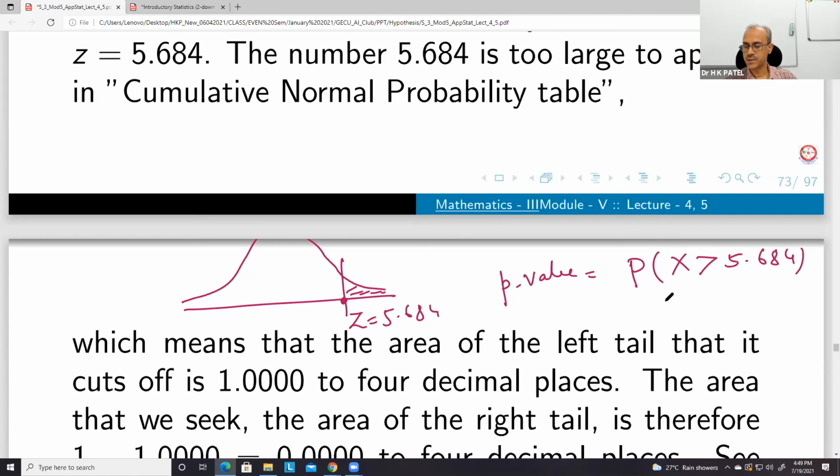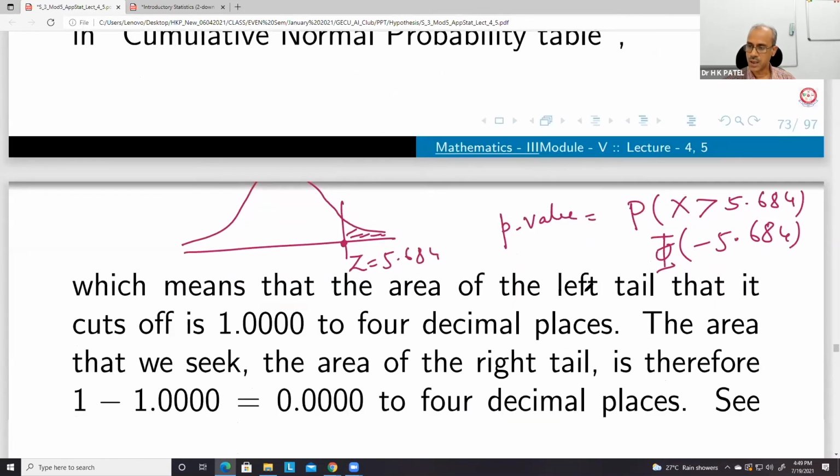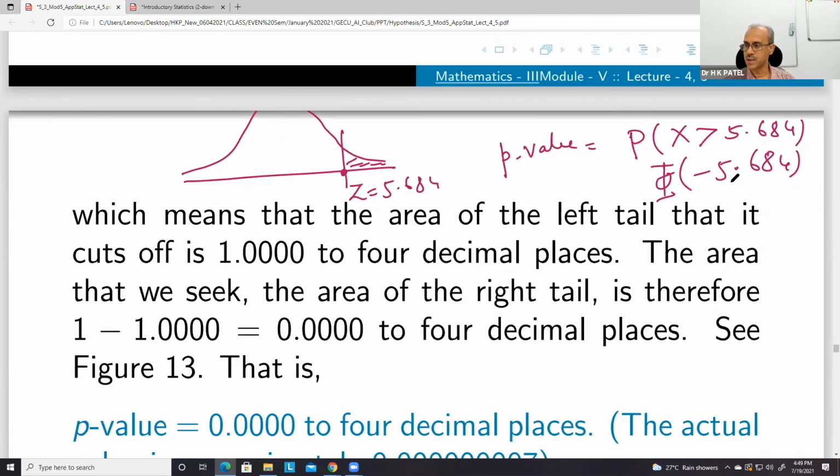Again, we can find this value, not from software, because this is a normal distribution. So this is the same as 1 minus the probability up to 5.68, which we can find from the normal distribution table.